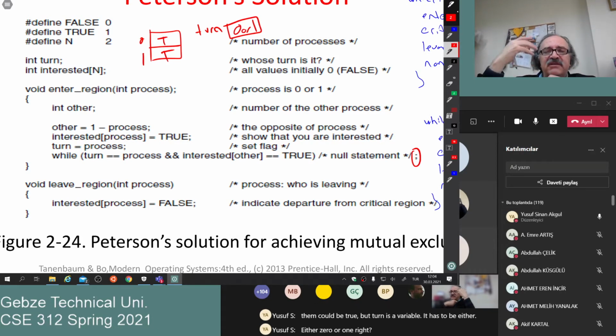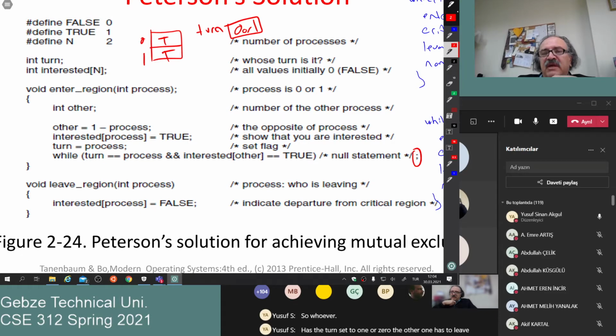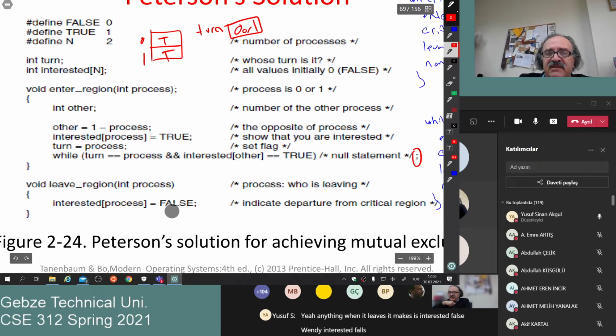So whoever has the turn set to 1 or 0, the other one has to leave this loop, and the other one enters the critical region, and it stays in the critical region. And when it leaves, it makes interested false. When interested is false, this loop is going to be finished, because now interested other is not true anymore.